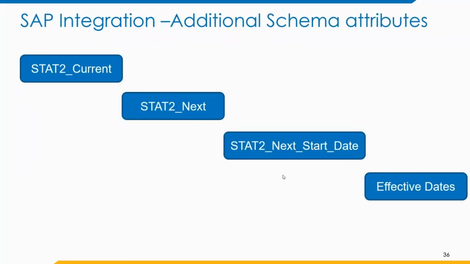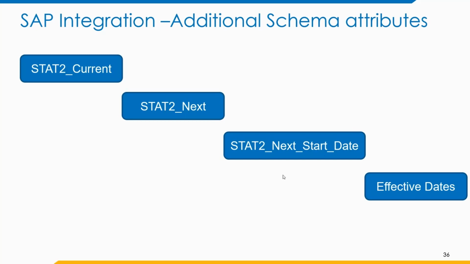Coming to additional schema attributes: not only the basic account schema attributes such as first name, last name, start date, and end date, but the account schema also has four additional attributes. They are state to current, state to next, state to next start date, and effective dates.